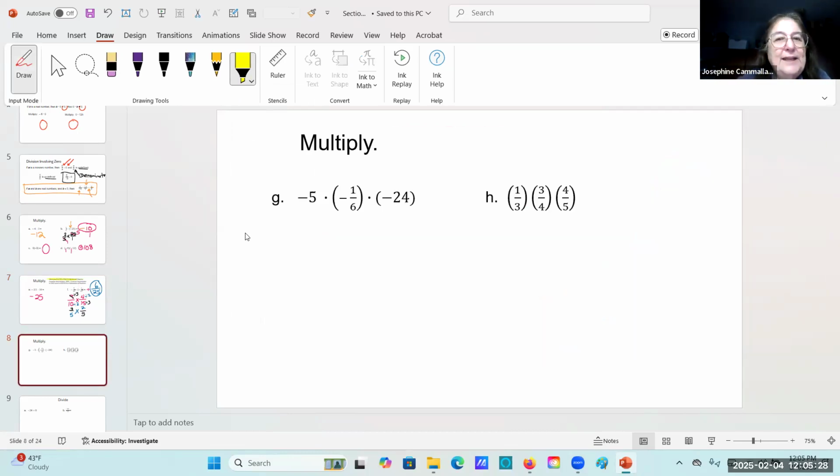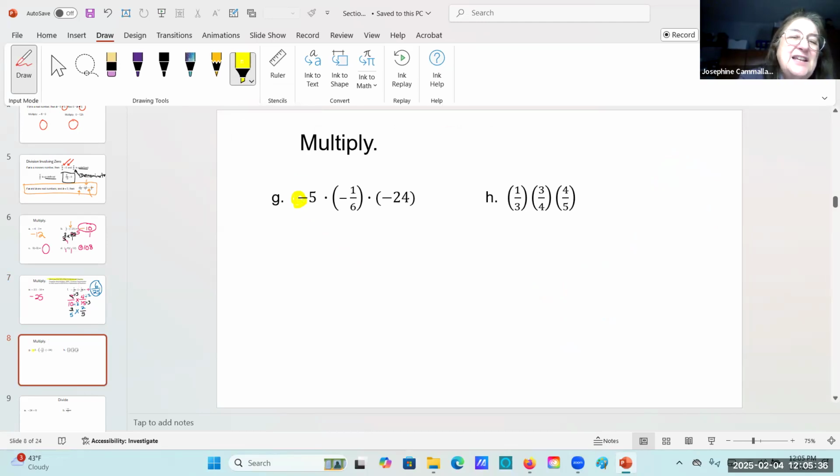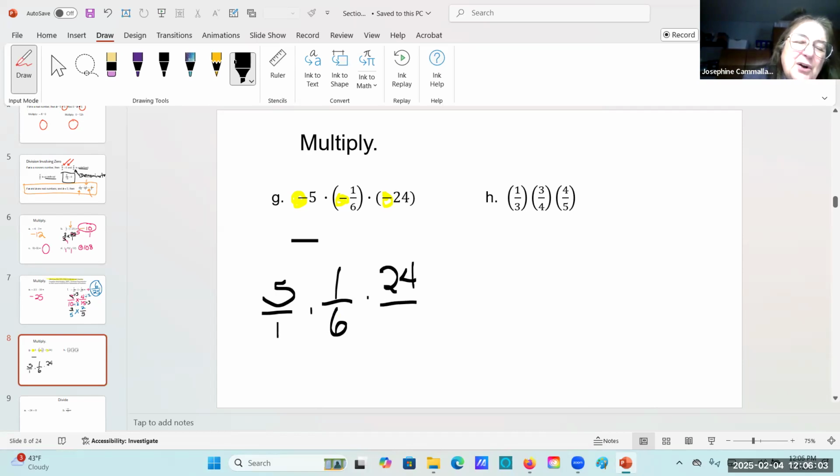Okay, now we're getting interesting here. We have this negative sign, this negative sign, this negative sign, which means I have a negative answer. Once I determine the sign, I can just come down here and write 5 over 1 times 1 over 6 times 24 over 1.